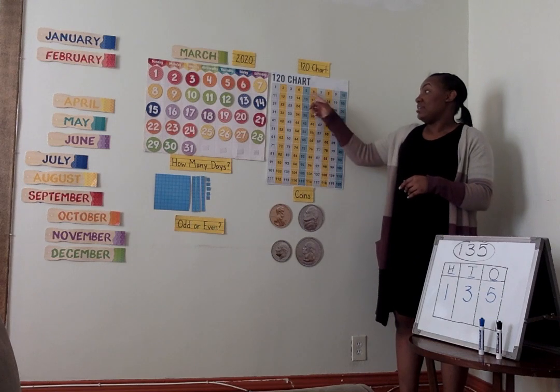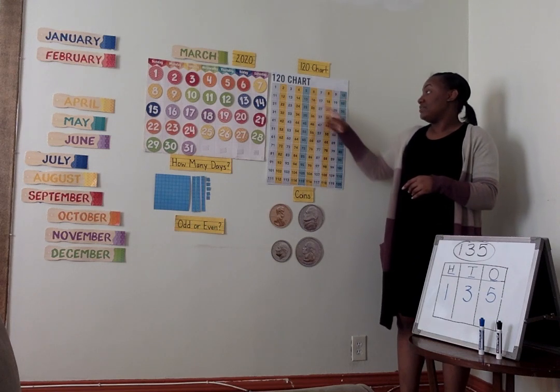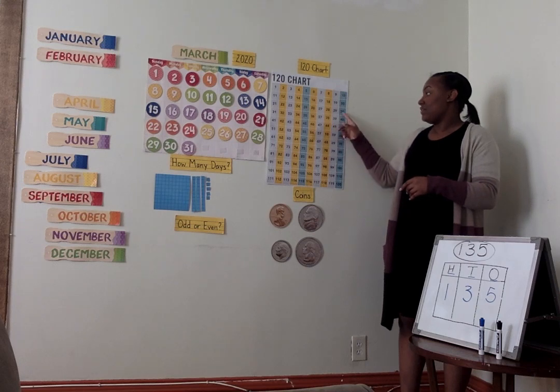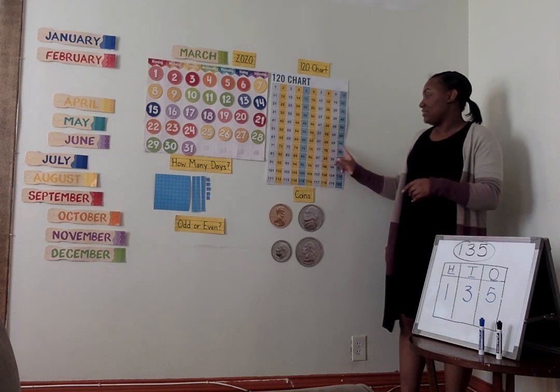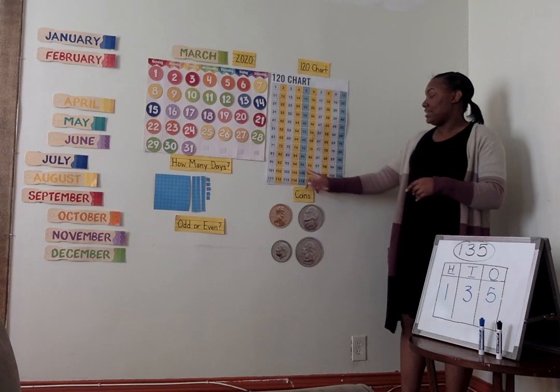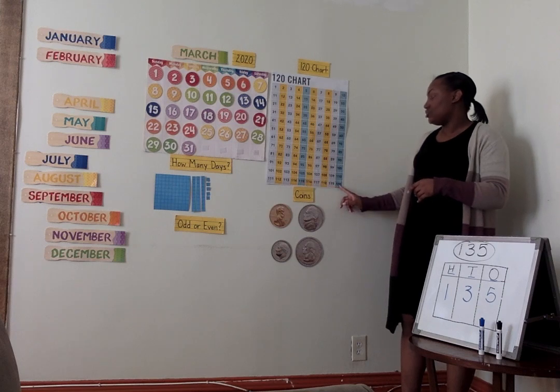Get ready. 5, 10, 15, 20, 25, 30, 35, 40, 45, 50, 55, 60, 65, 70, 75, 80, 85, 90, 95, 100, 105, 110, 115, 120.